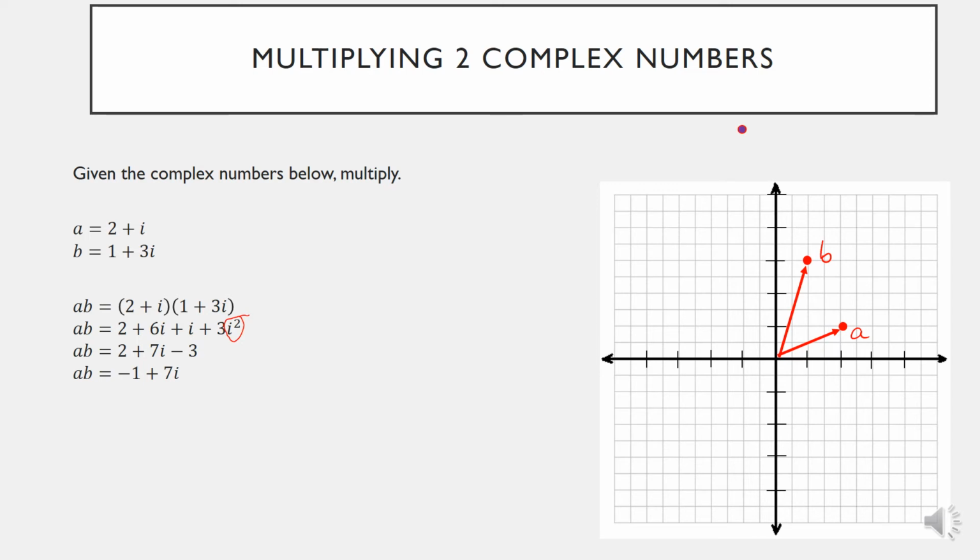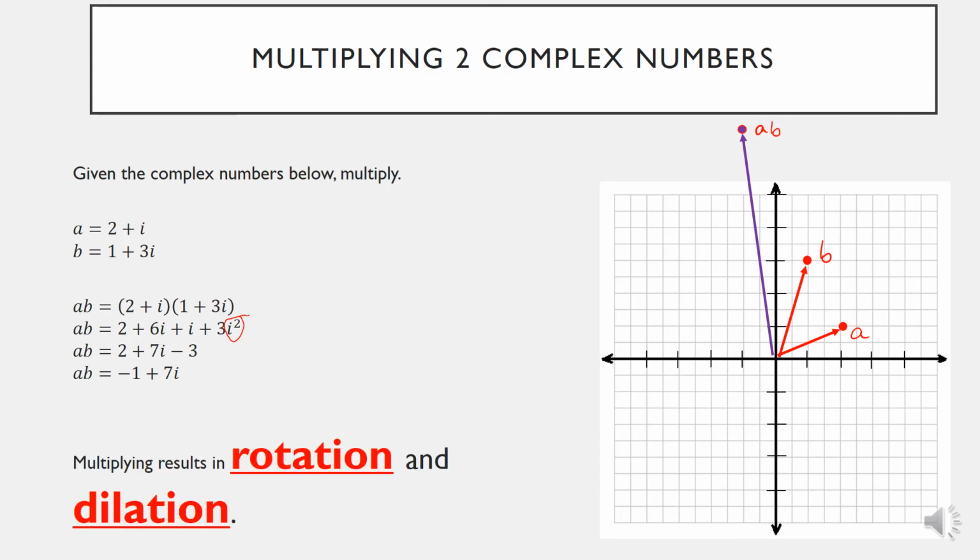We get minus 1 plus 7i, which is off the scale of my graph. So this is a times b. You can see that that arrow is longer than the individual arrows, and we have had some degree of rotation as well. So multiplying results in rotation and dilation. We wouldn't be asked in this case to give the magnitude of rotation or dilation.